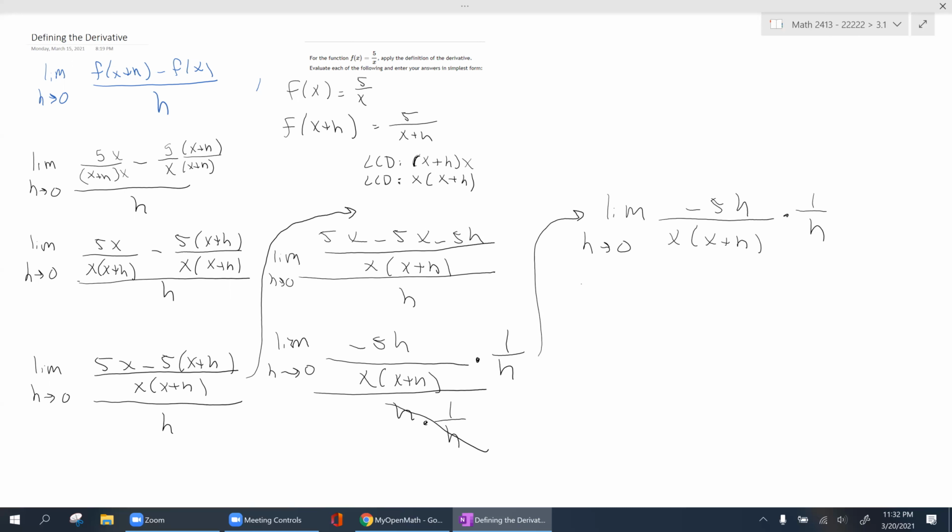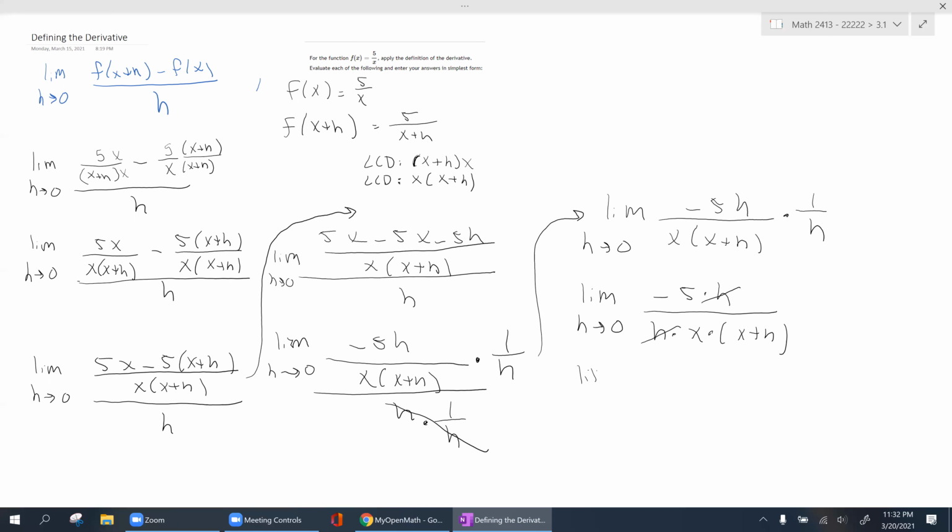This here is just the limit as h approaches 0 of negative 5h over, you can say, h times x plus h. Hey, what happens with the h I have on top and with the bottom? They cancel out. And that's great. Remember, whenever we were doing these, we like it when they cancel out. That's a good sign.